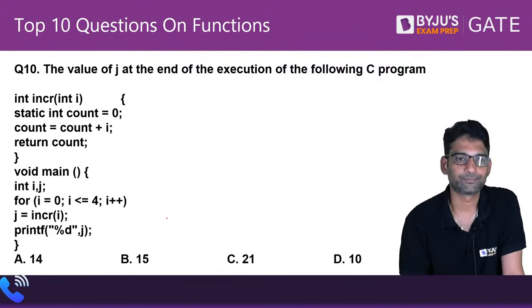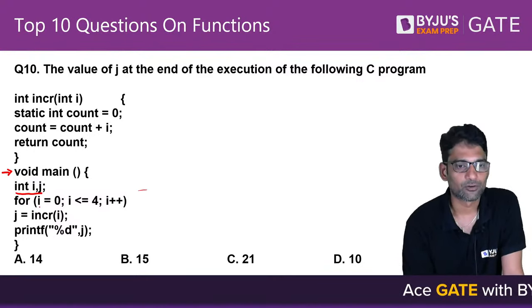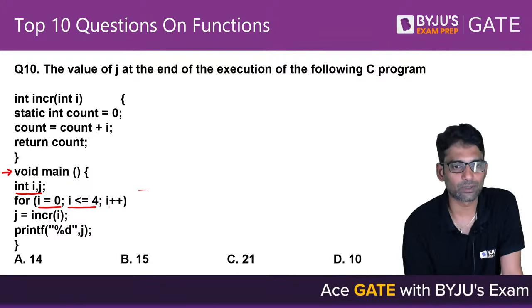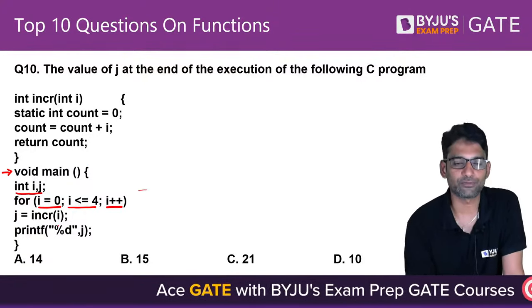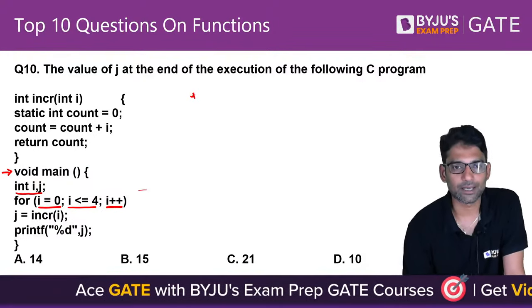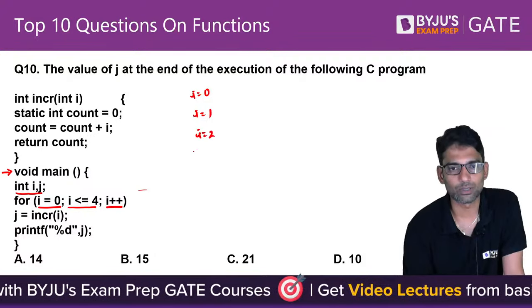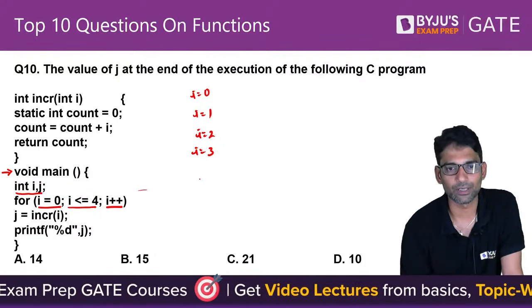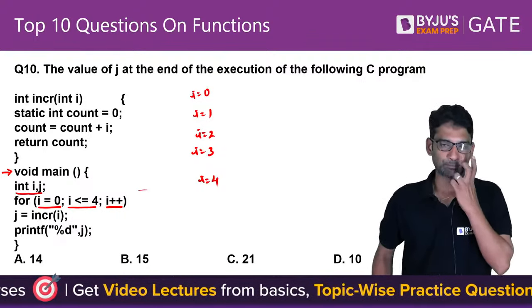All right, look at this. void main, int i, j, for i = 0, i <= 4, i++, j = increment of i. That means i equals 0, 1, 2, 3, 4. 5 times this loop runs.